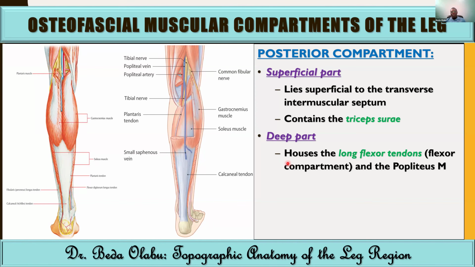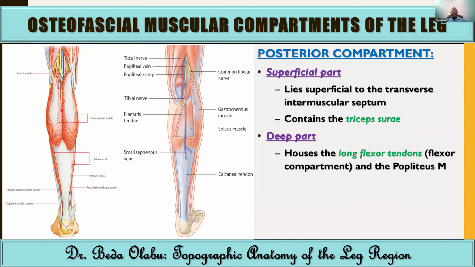The triceps themselves cause plantar flexion because this tendon inserts into the calcaneal tendon. You'll, however, remember that gastrocnemius cross the knee joint, so they also cause knee flexion. The soleus does not cross the knee joint, so it doesn't cause knee flexion, but gastrocnemius do because they cross the joint.